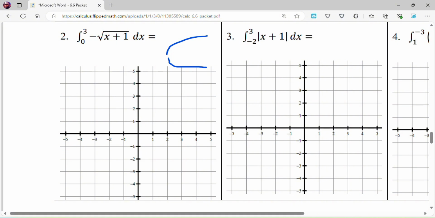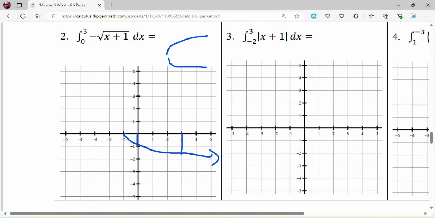And then we have plus 1 on the inside, which tells us there's a shift to the left one. So this tells me that it goes something like this, right? And what we're gonna try to find is the area from 0 to 3.